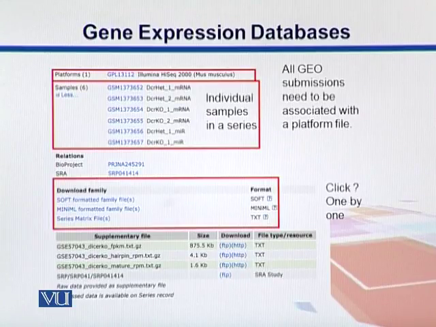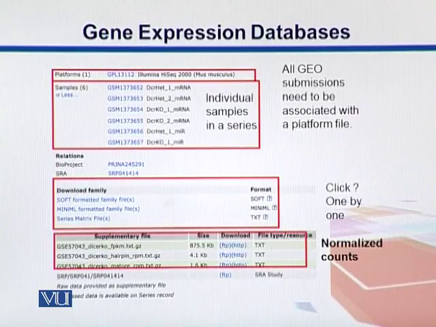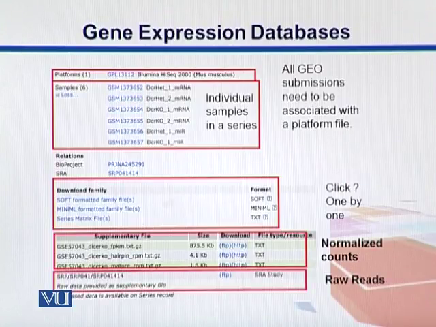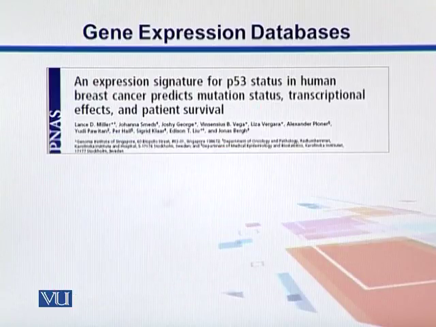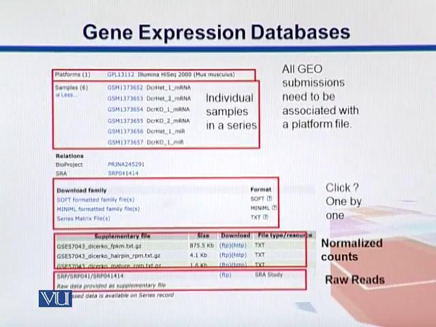We can also download these expression counts or values in different formats. Here are the normalized counts in this box. Normally they are compressed files and big ones. The raw read data is present in this format, which we call SRA, or Sequence Read Archive. That stores the raw read data.